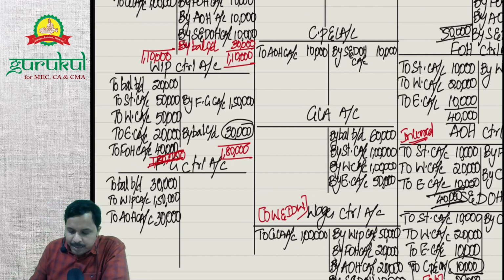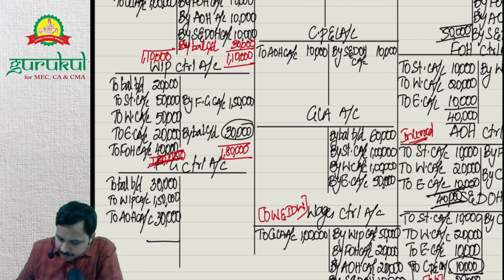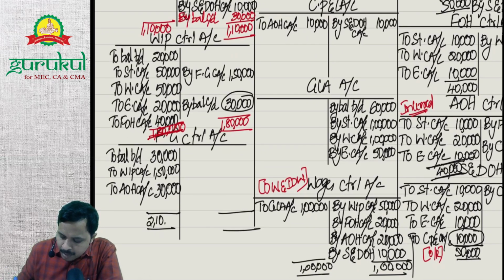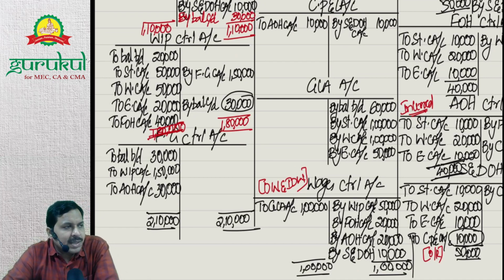Next, similarly, finished goods total debit is 2,10,000. Now, they will say that finished goods sold at cost, not sales. Finished goods sold at cost, because till here we have adjusted only administration.